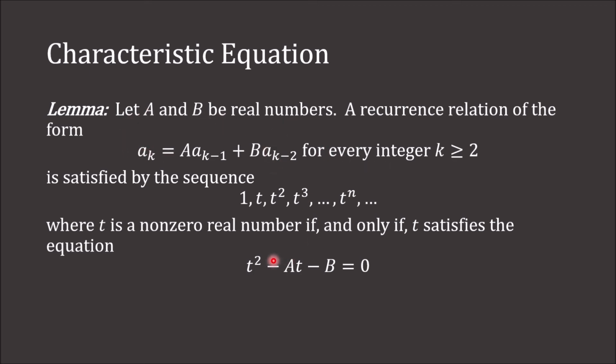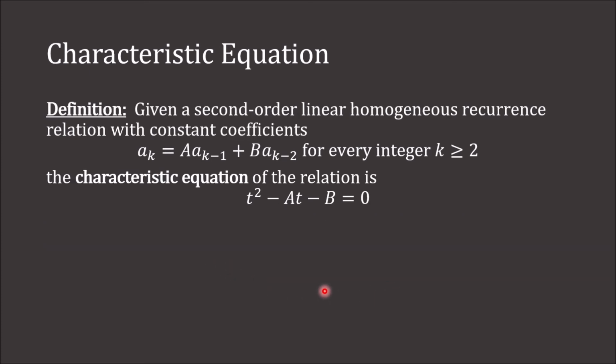We just solve t squared minus at minus b is equal to 0. That'll get us a sequence that satisfies this relation. Now, because of the importance of this equation here, we give it a special name. It is known as the characteristic equation of the second order linear homogeneous recurrence relation with constant coefficients.